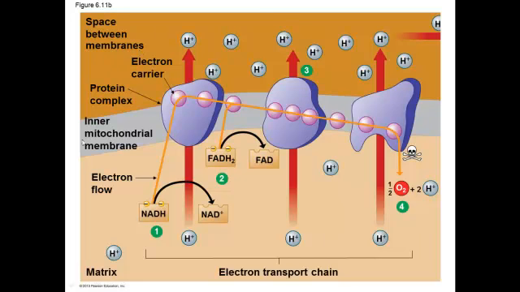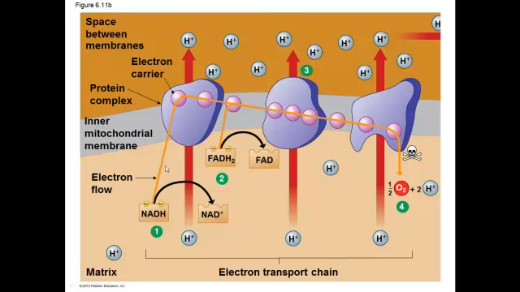Also, keep in mind that this is the inner membrane, where all of these proteins are embedded. Since it's highly folded, that gives a greater surface area for the membrane and a huge amount of room to hold many of the proteins that make up the electron transport chain.